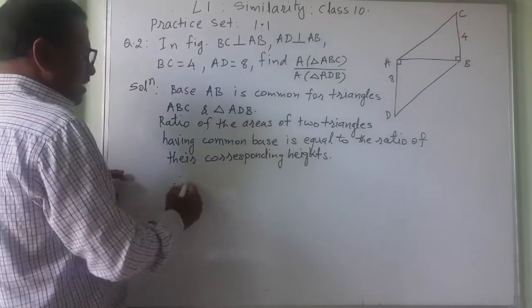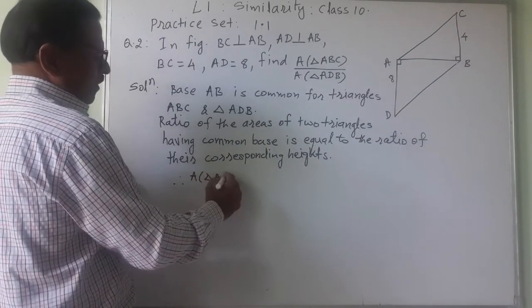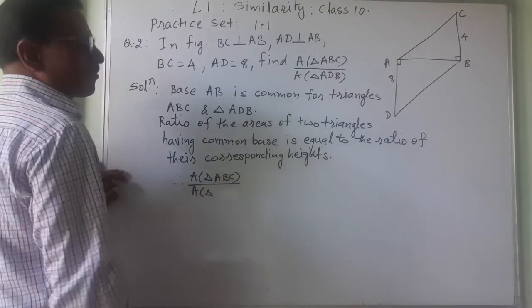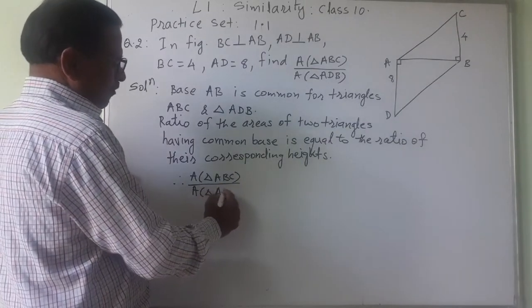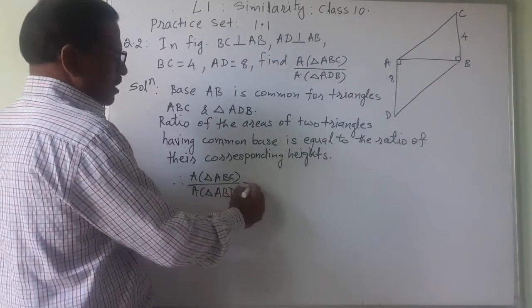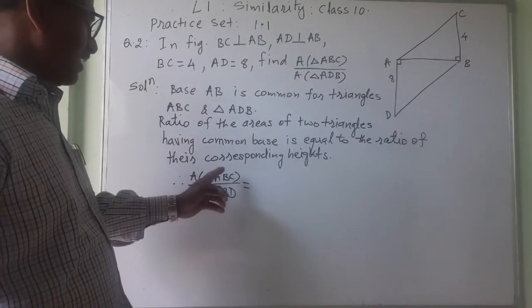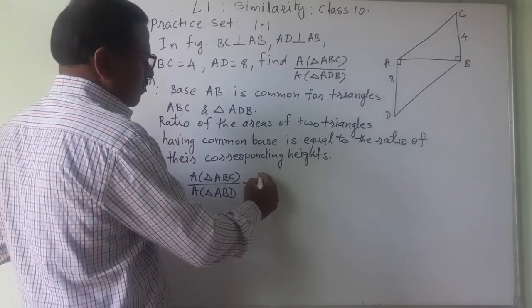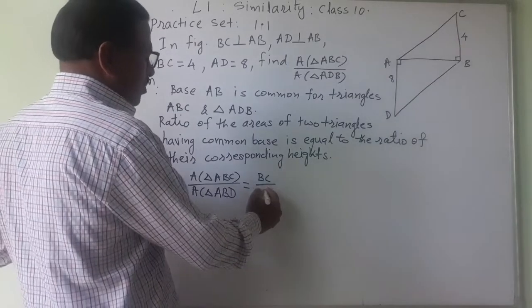Therefore, area of triangle ABC upon area of triangle ABD is equal to their corresponding heights. For triangle ABC, what is the height? BC. So its height BC upon, for ABD, the height AD, so upon AD.